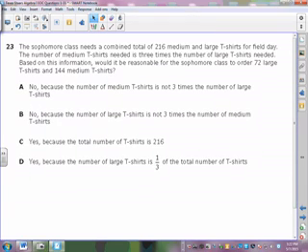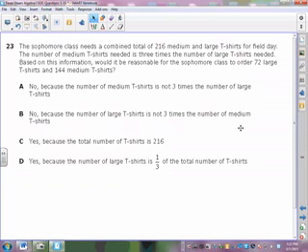Number 23. What they're talking about here is a system. They're going to be ordering 216 medium and large t-shirts for field day. So the total number of t-shirts is 216.